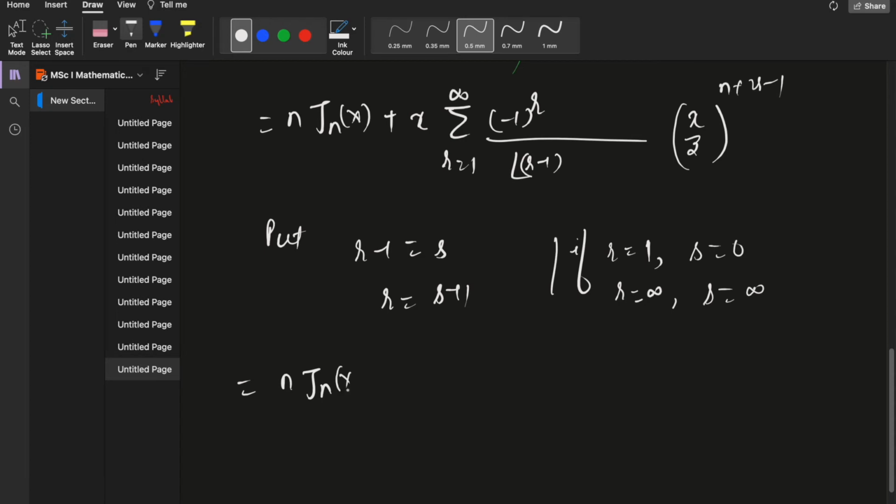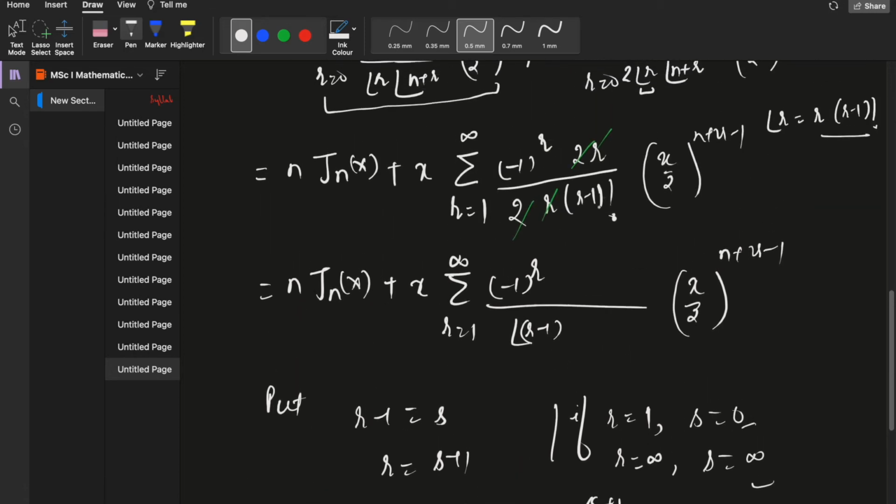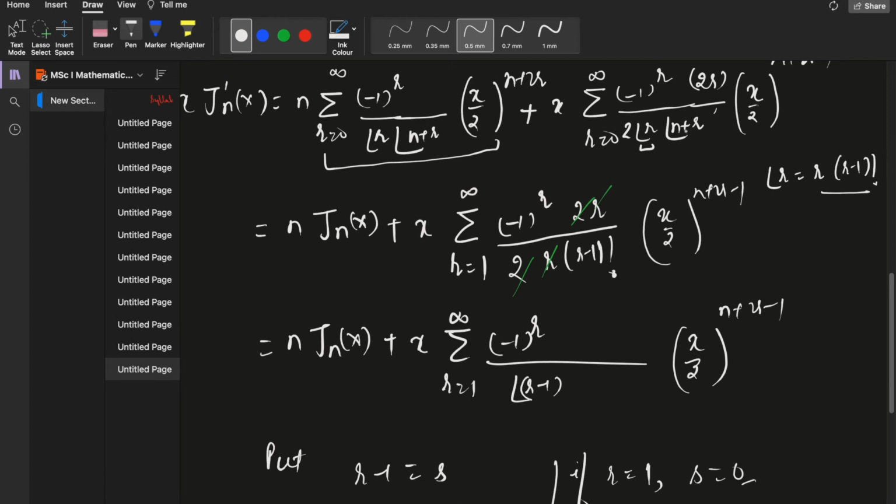n Jn(x) is equal to n Jn(x) plus x summation s tends to 0 to infinity, minus 1 to the power r, the value of r is s plus 1, upon factorial r minus 1 as s. Okay, we had missed one term here, n plus 2r.